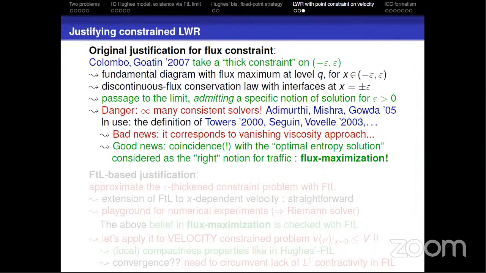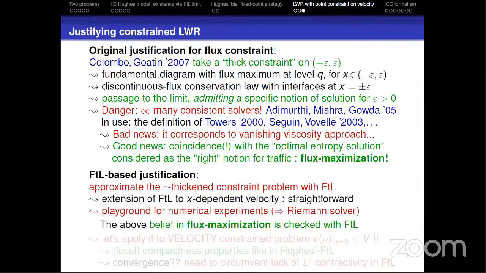So if you look at existence proofs in these papers, you understand that finally you are justifying traffic with hidden vanishing viscosity. This looks like bad news, but the good news is that because of the geometry of the fluxes, it coincides with the optimal entropy solution in the terminology of Karlsen, which is considered the right notion for traffic because it leads you to flux maximization.